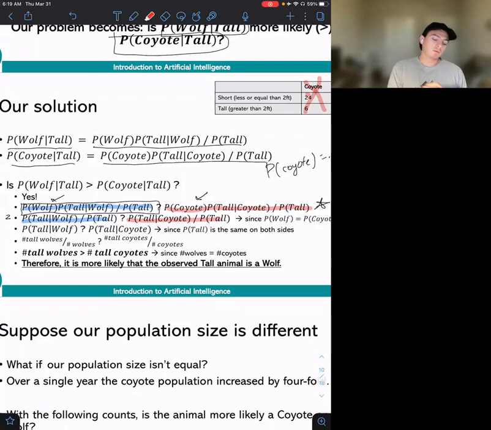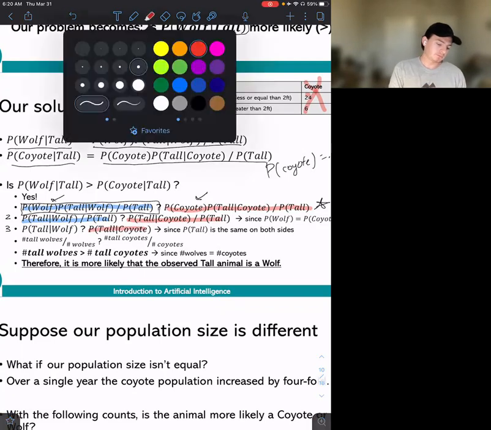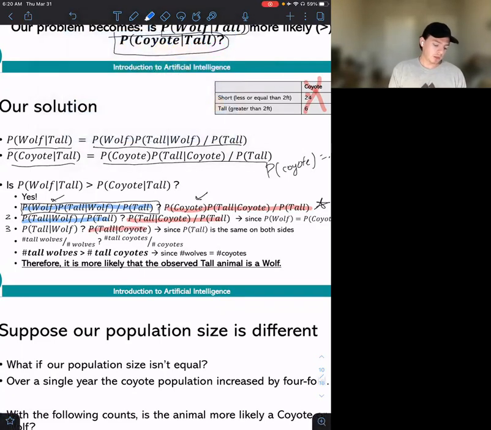And so again, we can notice that we have two variables that are the same on both sides, where probability of tall is the same since we're talking about the same event in the same state space or sample space. So we can just directly remove it and get to our third statement, which is just the two conditionals, where we have probability of tall given coyote and probability of tall given wolf.